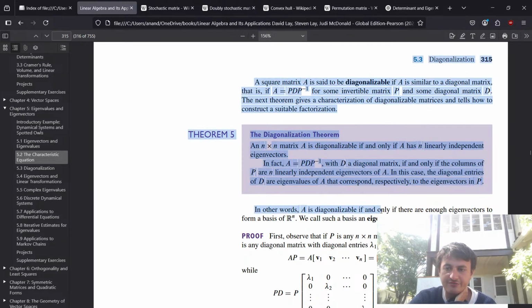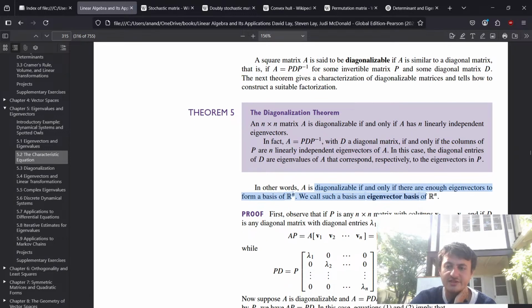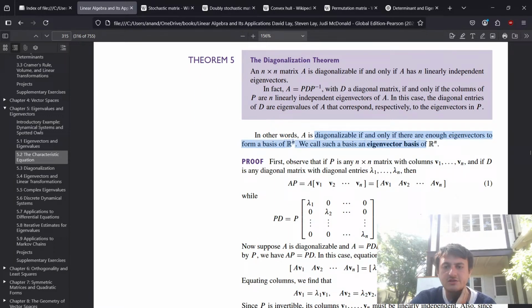A is diagonalizable if and only if there are enough eigenvectors to form a basis of R^n. We call such a basis an eigenvector basis of R^n. First, the proof.